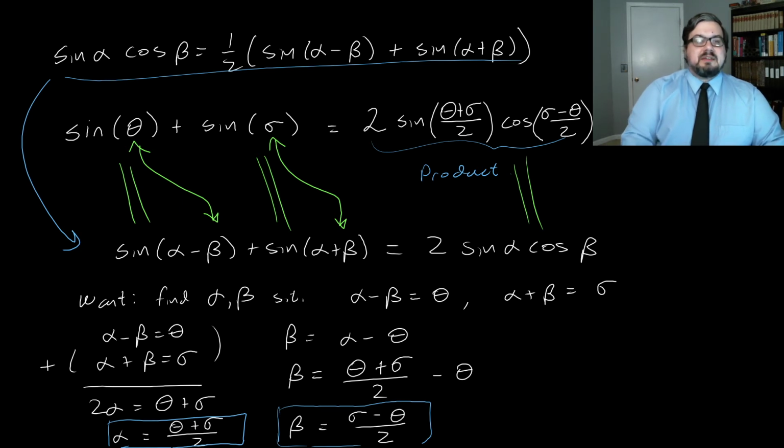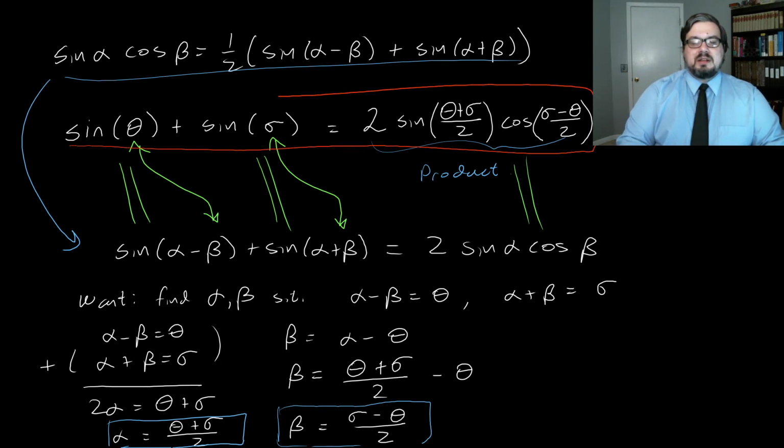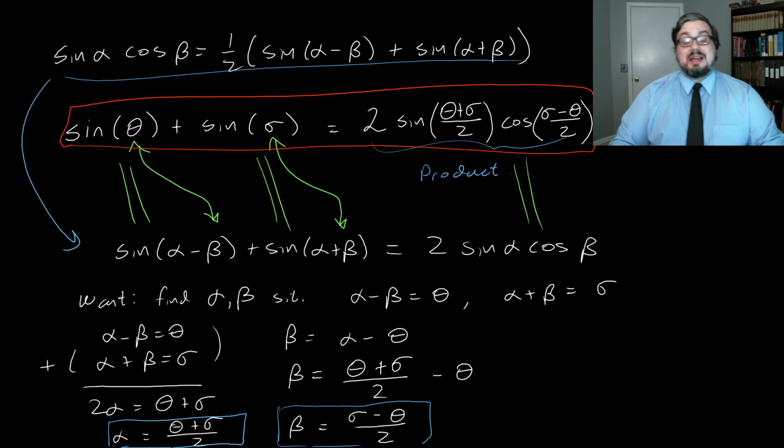And so this gives us one of our sum to product formulas. So it allows us to start with an expression like sine of theta plus sine of sigma on the left with two different angles inside, and write it as a product of two trigonometric functions.